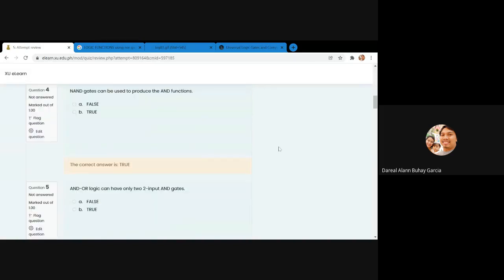AND OR logic can have only 2 to input AND gate. False.